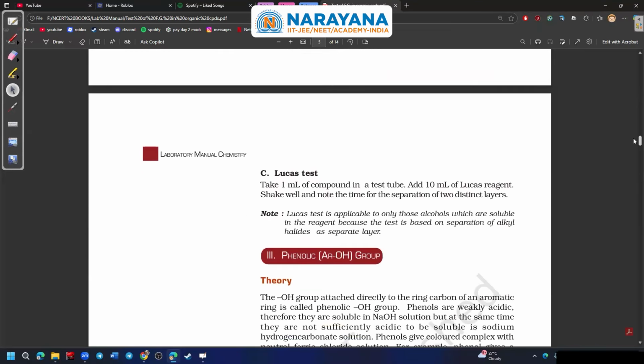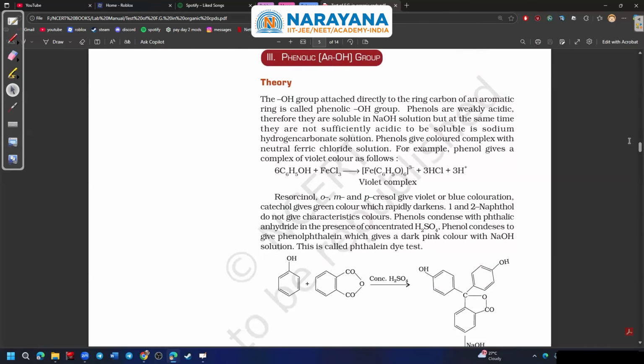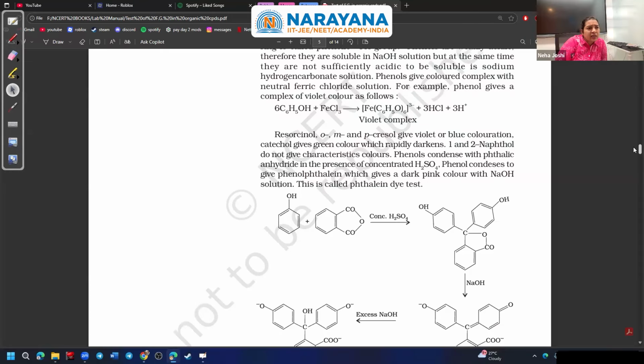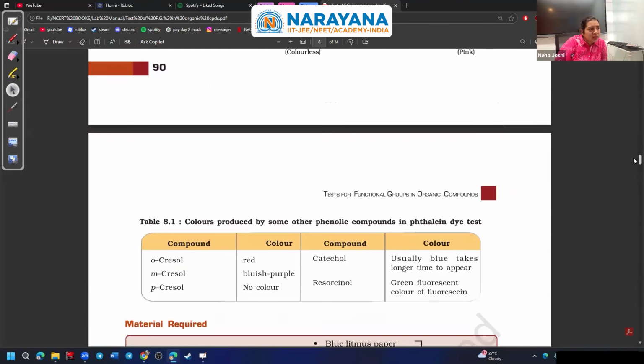Let us go further. Lucas reagent. Now the phenolic group: what all tests are they giving? They are not giving ceric ammonium nitrate. Though it gives, the lab manual is not referring to it, so avoid it. Or I will give you a much clearer answer with other lab manual references, about what is taught in usual 12th.